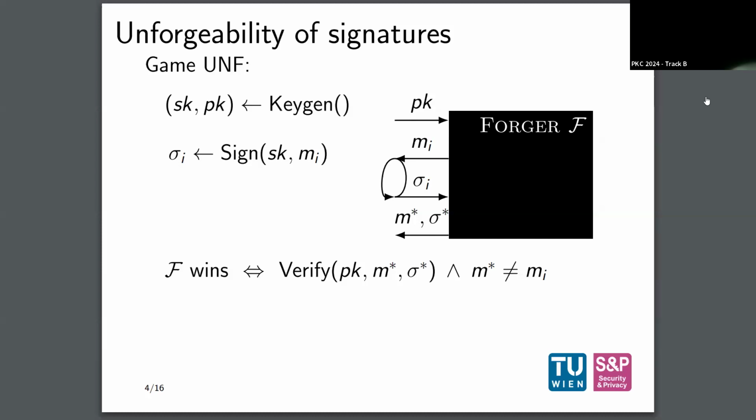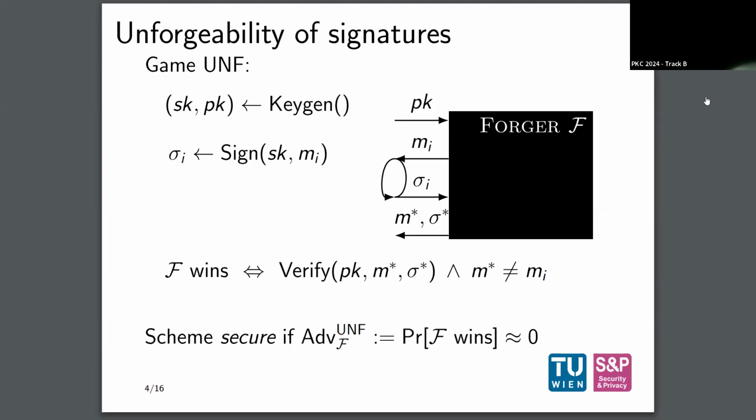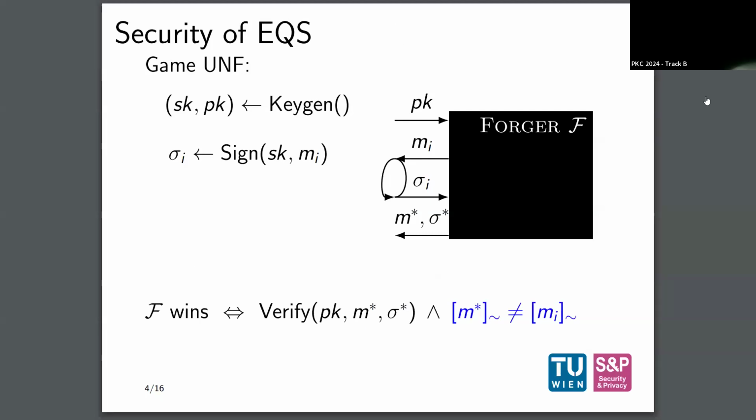But now we introduced this adaptation functionality, so we completely broke this game, because you could just ask for a signature, then adapt it, and you haven't asked for the new message before. We of course define the scheme as secure if the advantage is close to 0. For equivalence class signatures, we have to adapt this notion so that the forger only wins if it forges a signature that's not in the same class as any of the messages it has asked before.